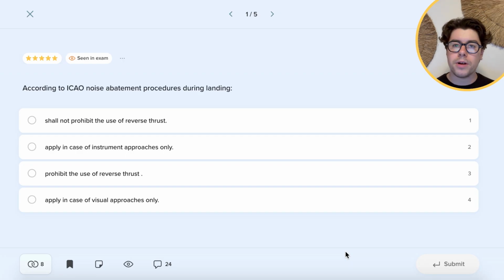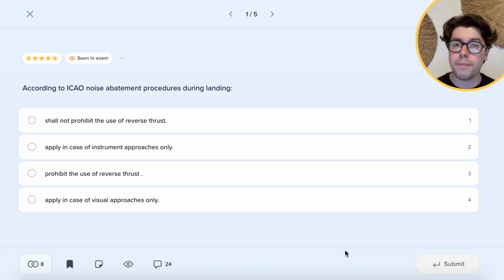However, remember that all of these noise abatement procedures can always be disregarded in terms of safety. So in this case, for example, while they work during takeoff, as we just described, they can also work during landing. This can be read at the AOI of each airport, which will regulate all of these procedures.